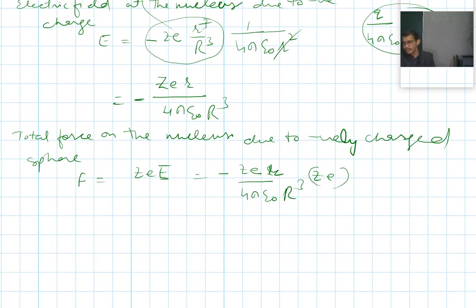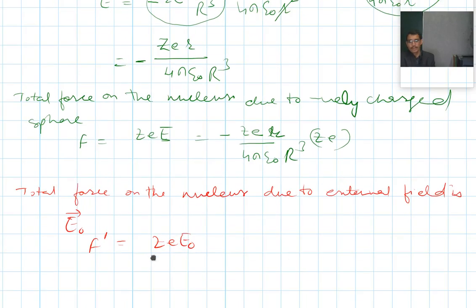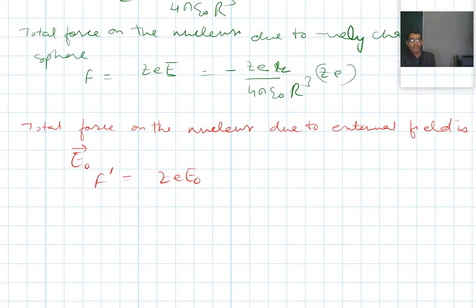But now the total force on the nucleus due to the external field, that is E naught, it is F prime and it is Ze E naught.